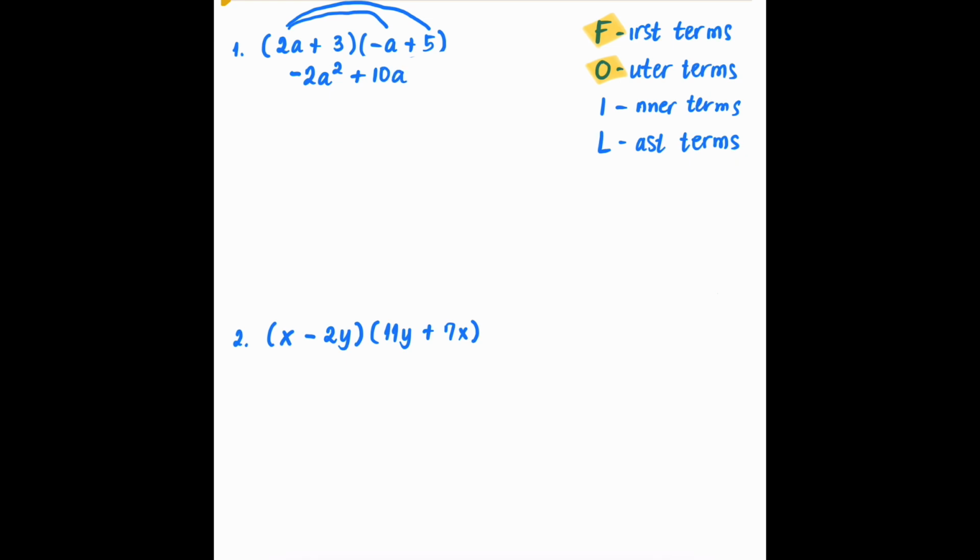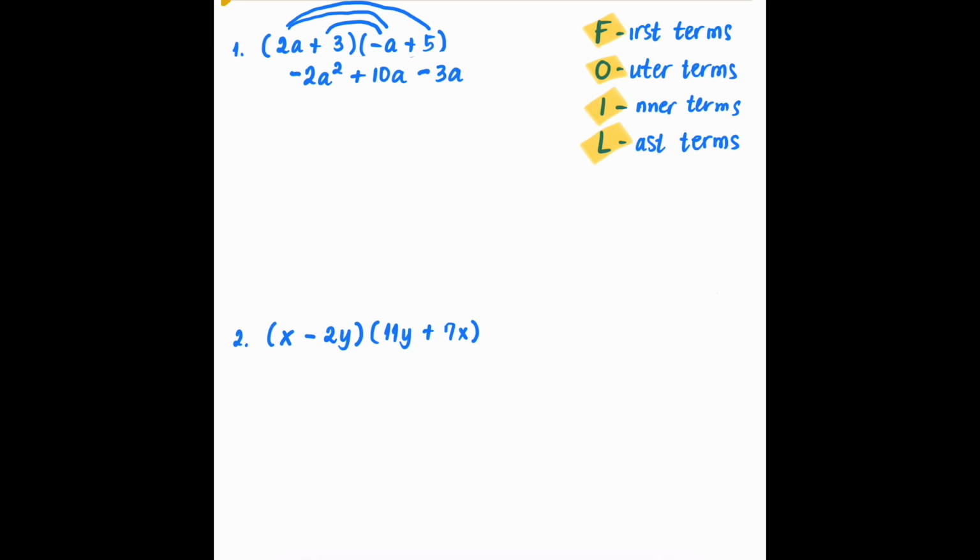Next, we multiply the inner terms. The inner terms are positive 3 and negative a. So positive 3 times negative a gives us negative 3a. And for the last pair, we're going to be multiplying the last terms.